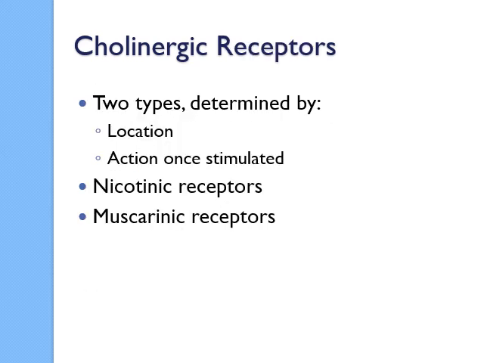Two types are determined by location and action once stimulated. So cholinergic receptors include nicotinic receptors and muscarinic receptors.